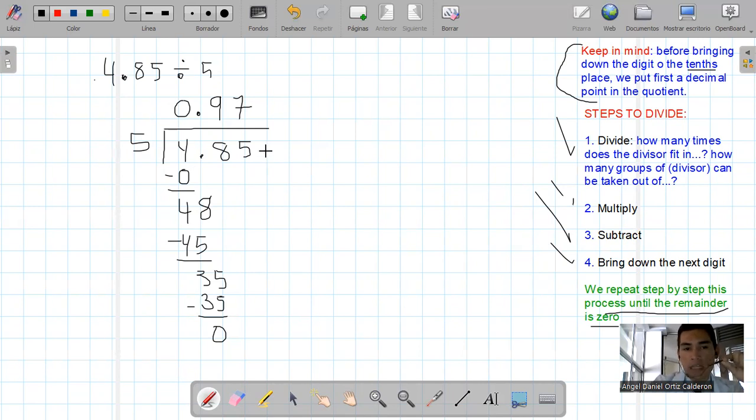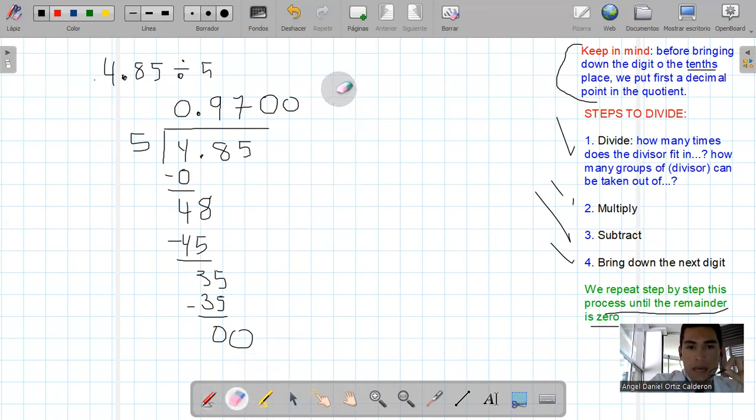But the next digit is the number 0, because on the thousandths position, there is not any number. Even though there is not any number, we know that the thousandths position is the number 0, but bringing down the 0 is the same as putting many zeros here in the quotient.